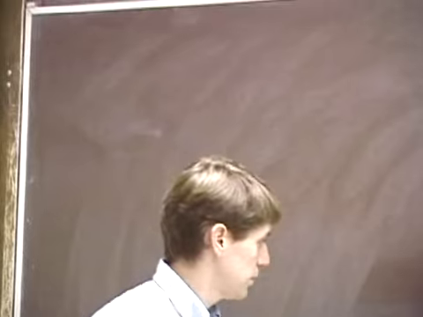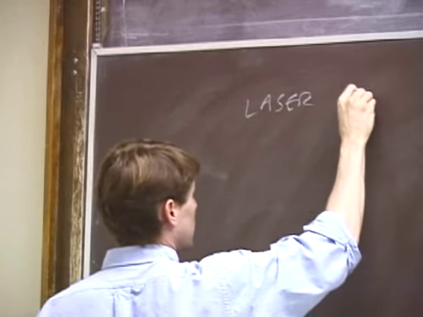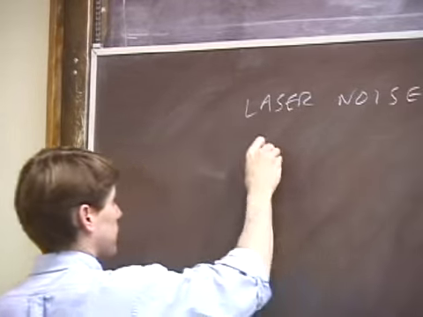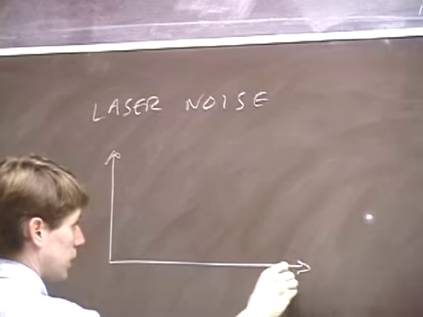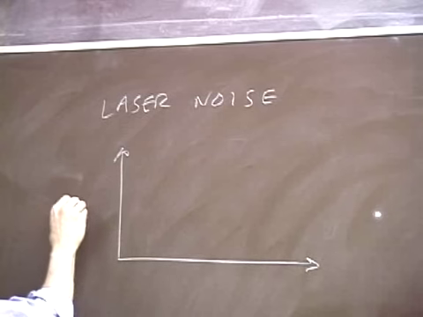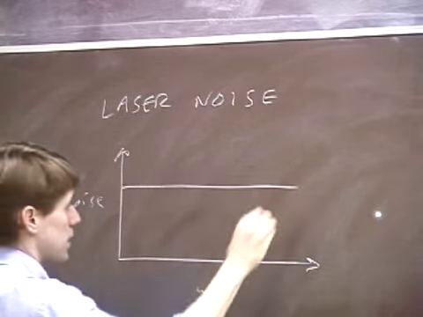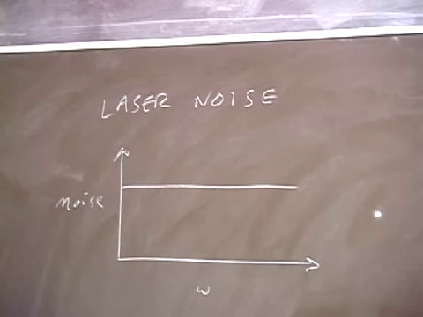So, you've seen before in this class the concept of a power spectral density. So there may be some noise in the laser that we want to suppress. And the noise, as a function of frequency, let's say for the sake of argument, is flat.